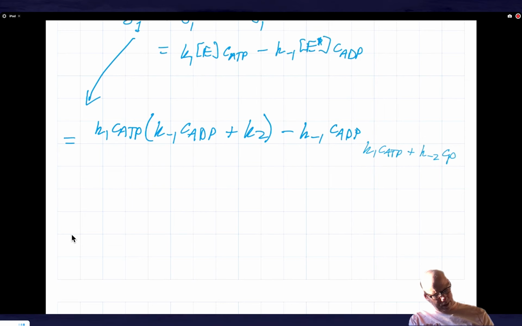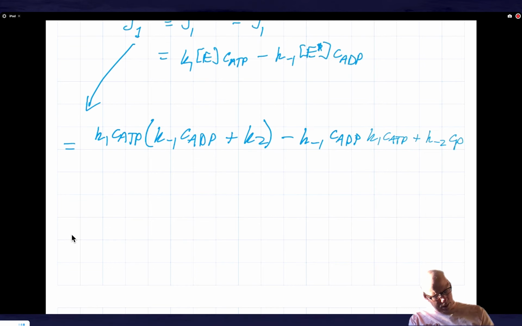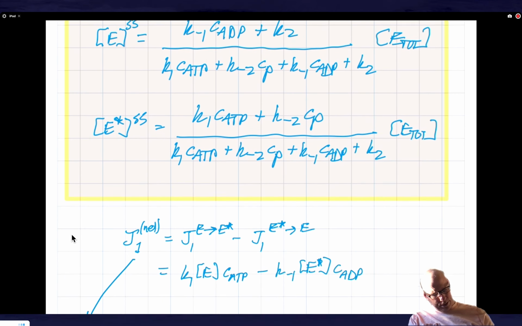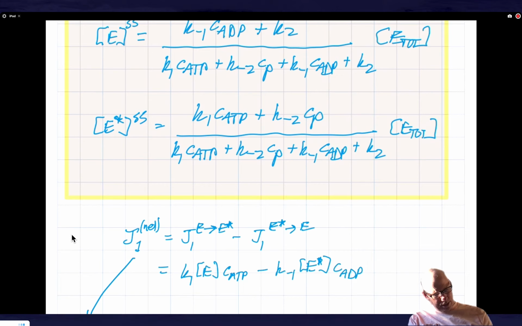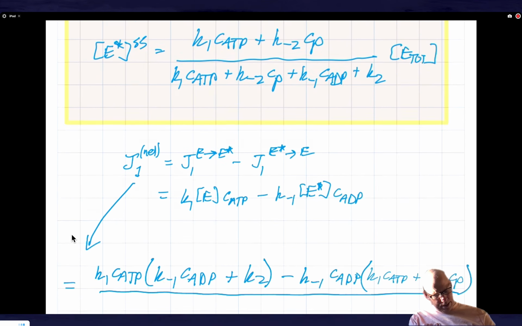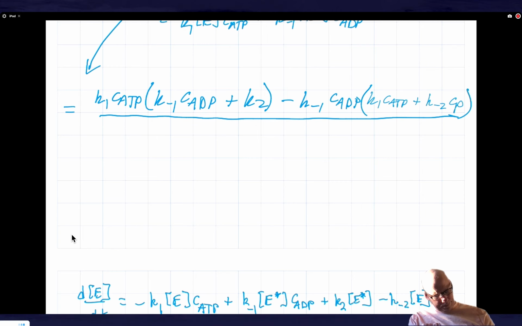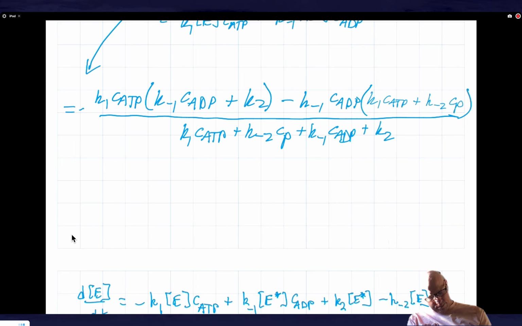It's getting kind of crowded. And then all of this is divided by this common denominator, which I'm going to just continue doing cut and paste. So I take this denominator, and finally this gets multiplied by E total, which I'll put in front so I don't have room over on the other side. So that's the net flux.